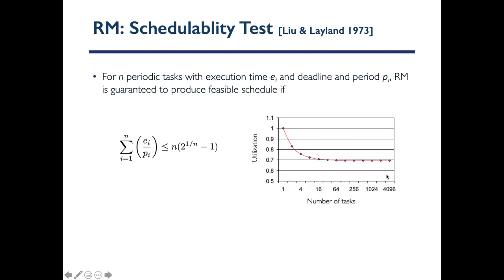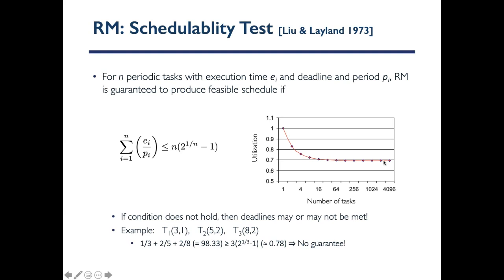Now, for different n's, this bound, n times (2 to the power of 1/n, minus 1), is something like this. As you increase n, this bound reduces. I think it gets to 0.67. One point to note here is that this condition doesn't say anything if this sum is more than this value.